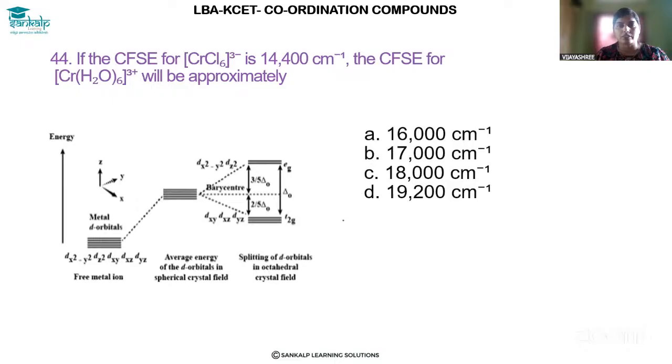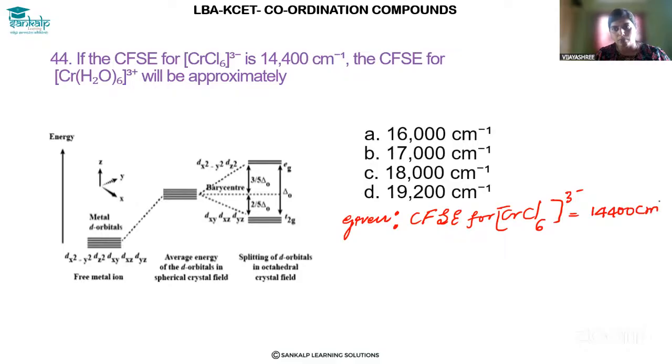First, what we are given. Given: CFSE, crystal field stabilization energy, for CrCl6 3 minus is equal to 14,400 per centimeter. Similarly for Cr(H2O)6 3 plus it will be the question mark.